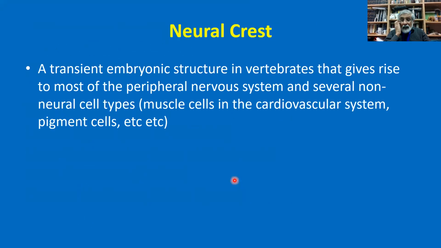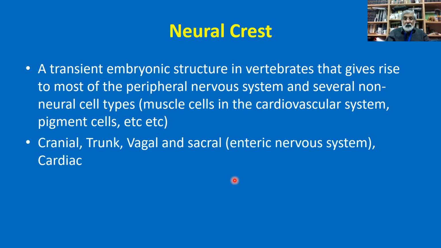The neural crest is basically what happens early in development: cells delaminate from the neural tube and undergo what's called epithelial to mesenchymal transition, EMT, which is also what cancer cells do. Then these neural crest cells migrate and form structures. And there are four neural crests: cranial, trunk, vagal and sacral, and cardiac.